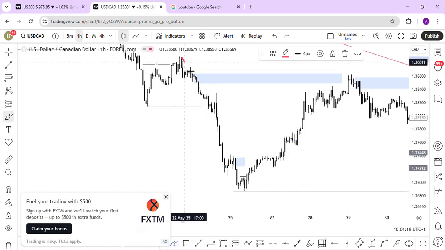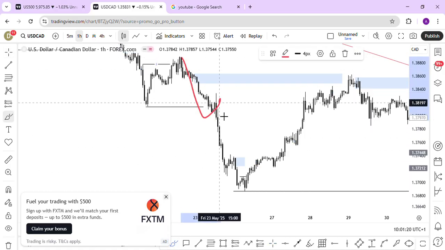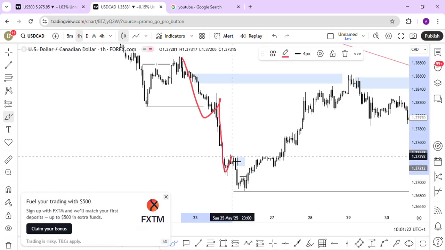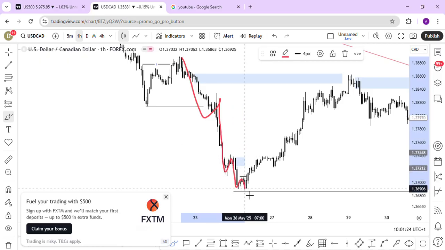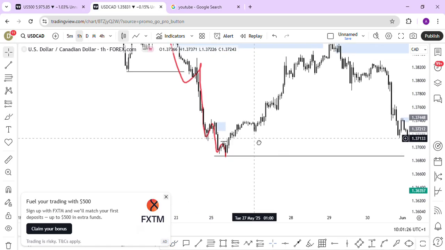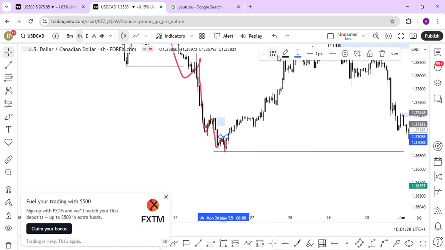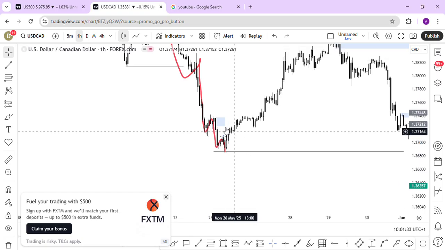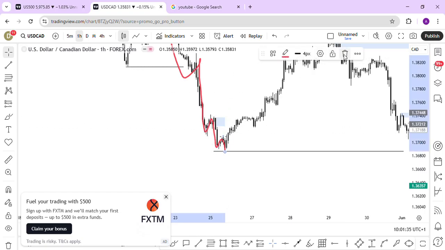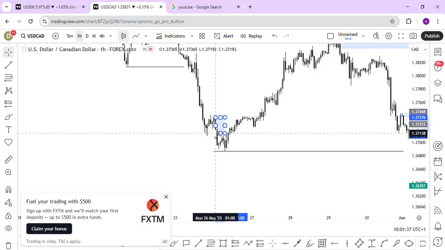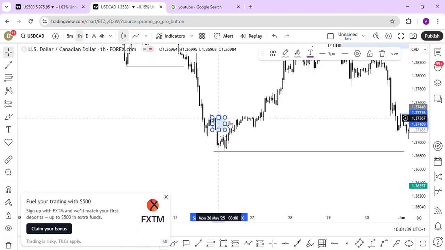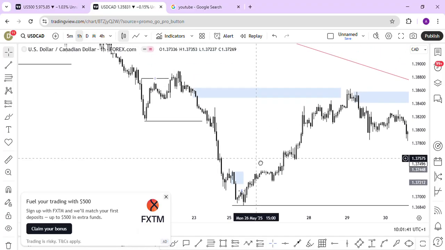You see, the market drops again, drops again, drops. So as I explained, this level is going to serve as our liquidity. Then this immediate POI, let me remove this. This immediate POI, because this is the valid POI and this is the extreme.